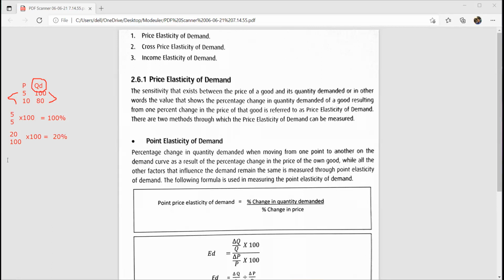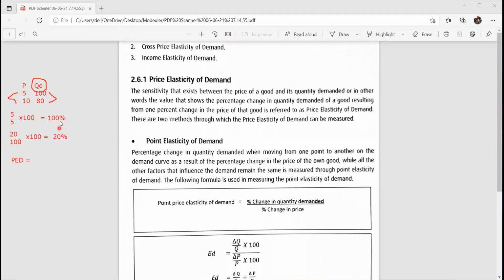So the price elasticity of demand measures the responsiveness of percentage change in quantity demand due to the percentage change in price. So when we look at these two figures, when the price increases by 100%, quantity demand decreases by 20%.